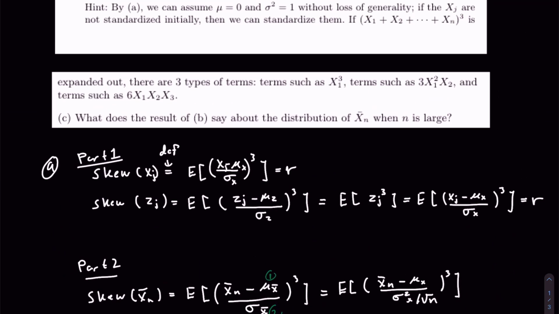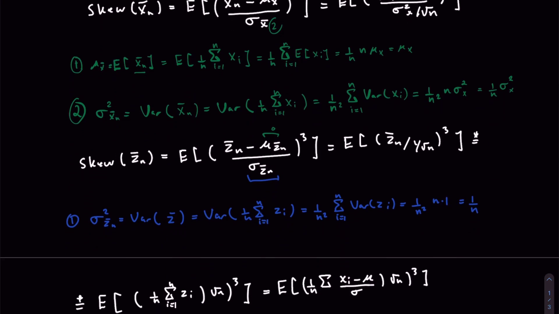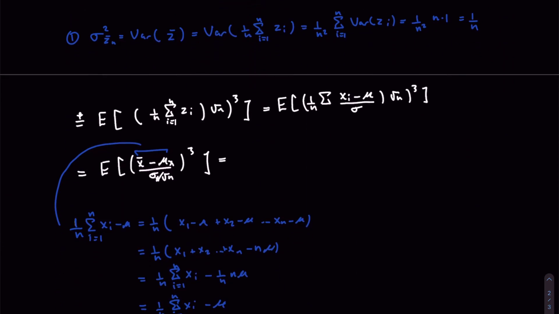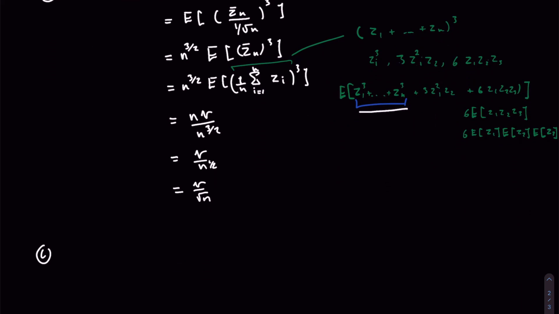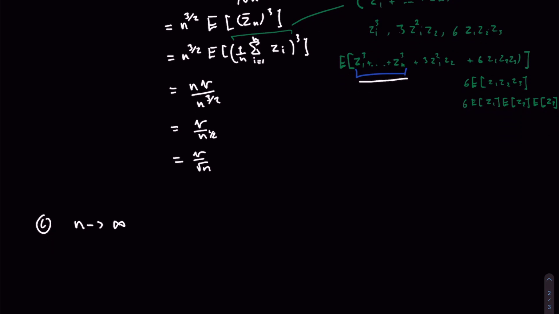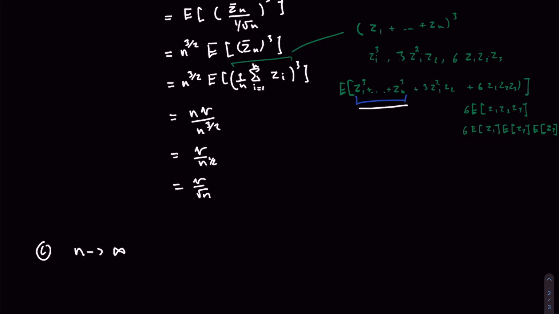So let's do the last one, where we are asked, what does the result of B say about the distribution of the sample mean when n is large? Well, we can see that by gathering more samples, as n goes to infinity, the skewness of the sample mean will tend towards 0, not equal, but tends towards 0, right?